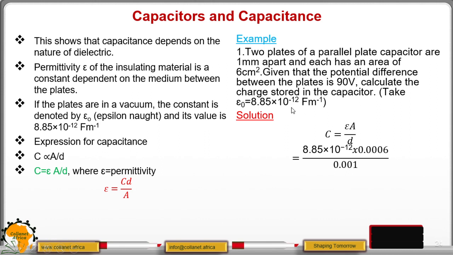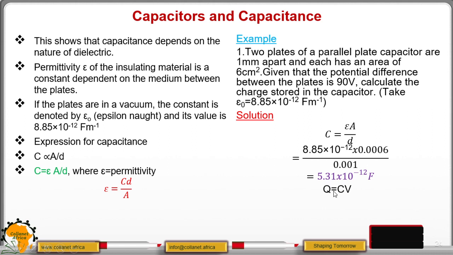We are given the epsilon because we are considering a vacuum. Then the area, you convert into square meters. And then the separation distance, which is 1 millimeter, you convert into meters. Now, when you key in all these values in your calculator, you find that the capacitance is 5.31 times 10 to the power negative 12 farads.